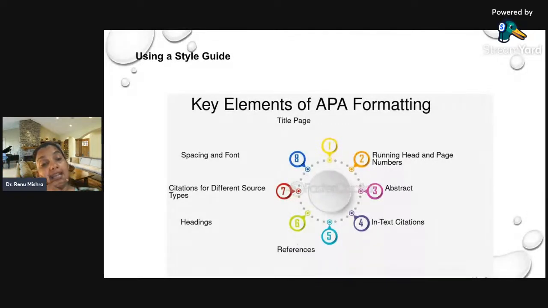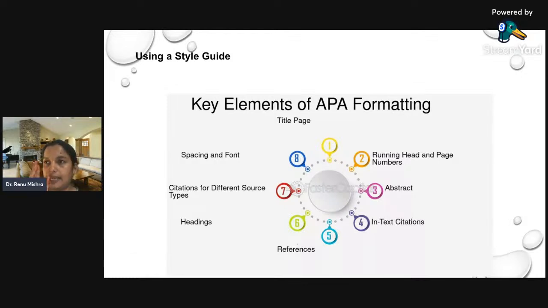For example, if any journal says that we use APA format referencing, then in APA format referencing, your title page, your running heading, page numbers, your abstract, in-text citations, references heading, citations for different sources, spacing and headings, all these things need to be taken care of.